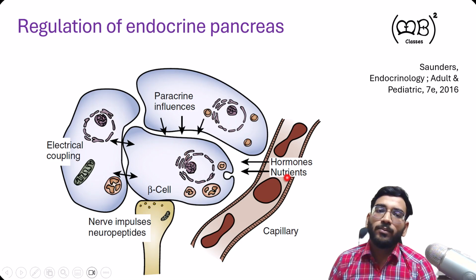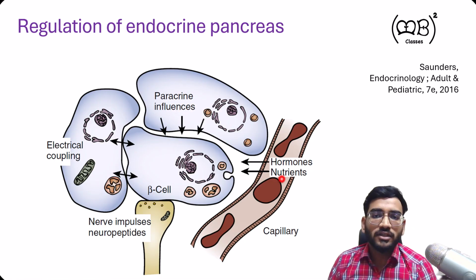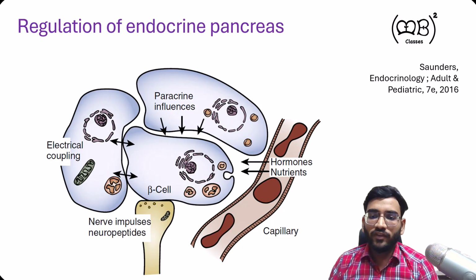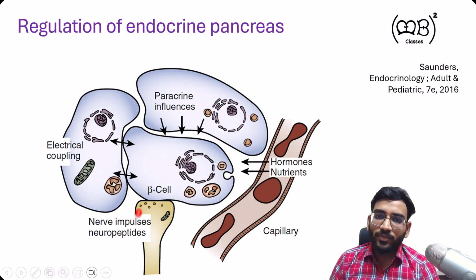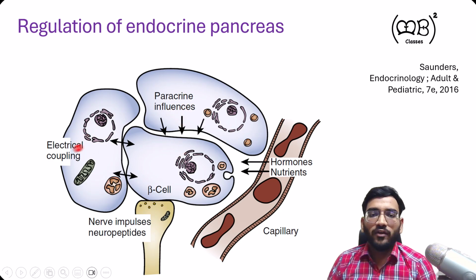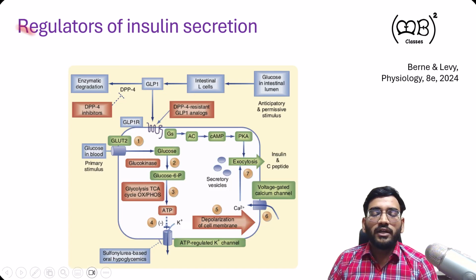The most important regulator of insulin release by the beta cells of pancreas is glucose, which is a nutrient. Then there are nerve impulses or the neuropeptides which act on the beta cells. There are paracrine influences from the other cells, or there are gap junctions which act via electrical coupling. So we'll be talking about the regulators of insulin secretion.